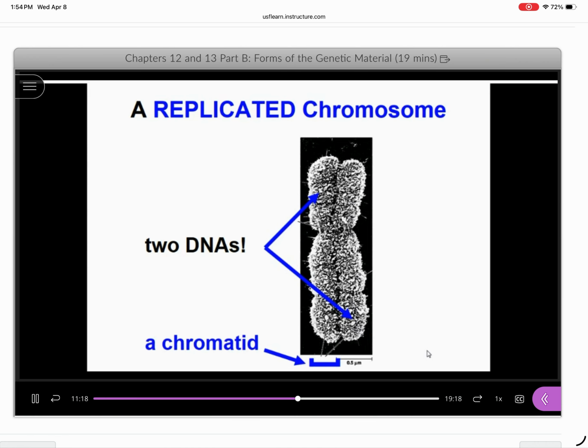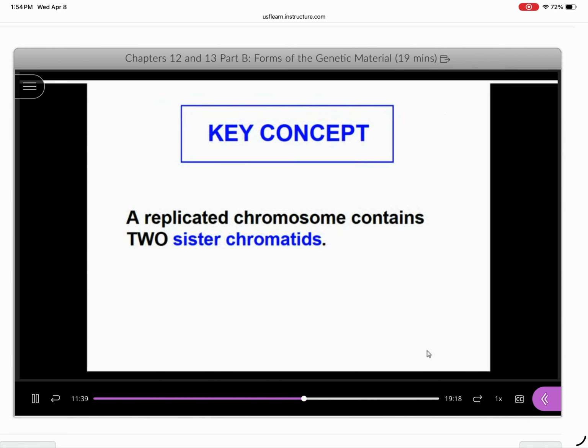We need a name for just one of those, I think. And that we will call a chromatid. So a replicated chromosome consists of two chromatids, also known as sister chromatids. Make that a key concept.